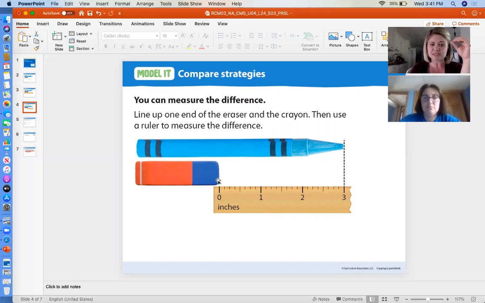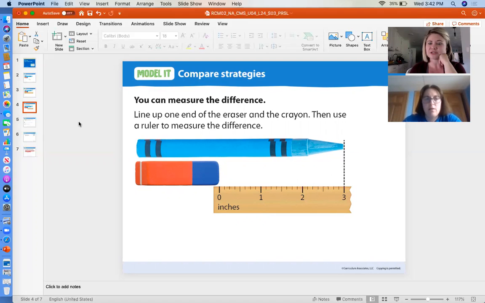So you line up this 0 line with the smaller object, and then you draw a little line right here that shows the end of the second larger or longer object. And then again, you can do your hops. So you could just go 1, 2, 3, or you could even just know from 0 to 3, that's 3 inches, right? Yes, very nice.